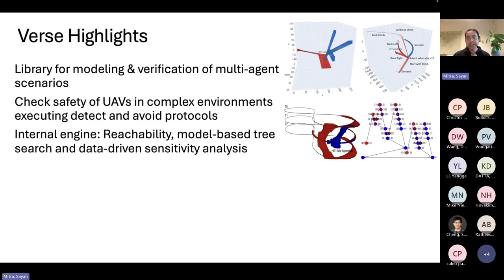So the internal engine that makes all of this work is hybrid reachability analysis. Today, I will not go into the details of how all this magic works. That could be a whole other talk. But in a nutshell, we are doing this hybrid reachability analysis, which involves both data-driven sensitivity analysis.